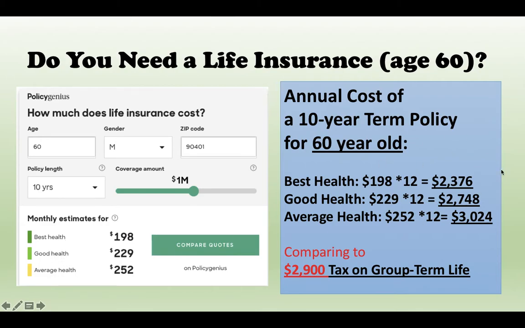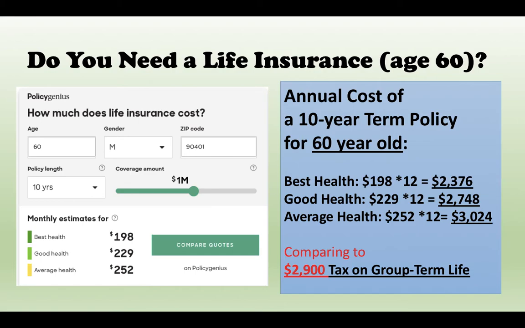On the right side, I'm showing you the annual amount. So you can compare the premium you'd get on the market to the group policy you're paying tax on. If you are in good or the best health, it may be beneficial for you to go outside and buy a policy yourself.